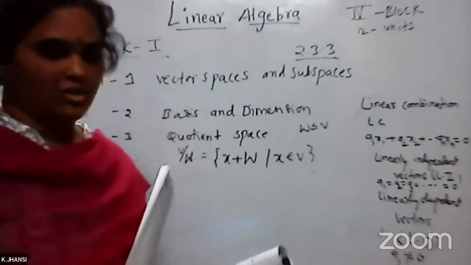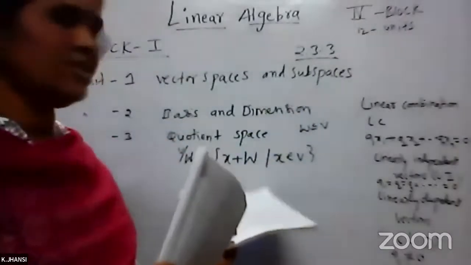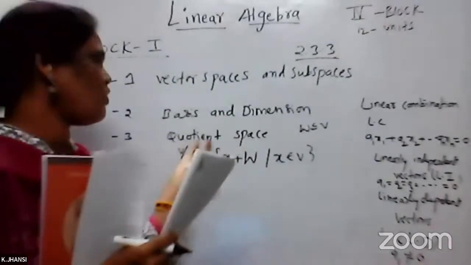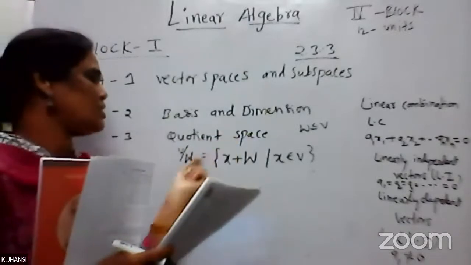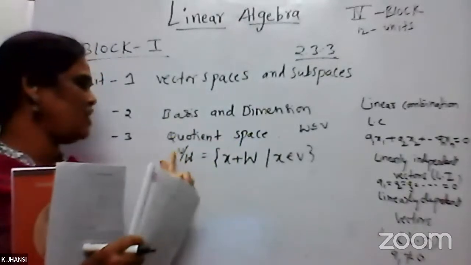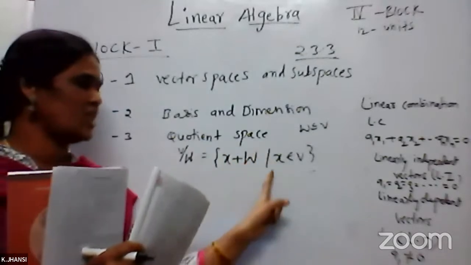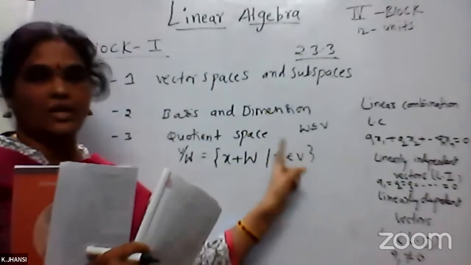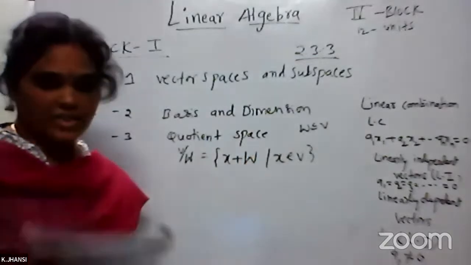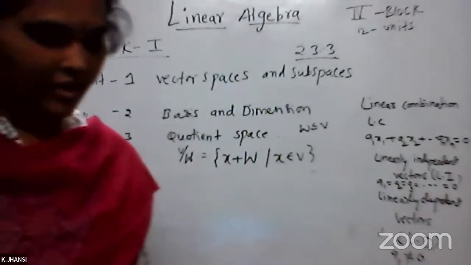You see the definition, so while going through the unit, we'll see. So this is the definition of the quotient space. We'll write it as V quotient of W. It is defined as X plus W such that X belongs to the set of vectors V. So in this also you have theorems.